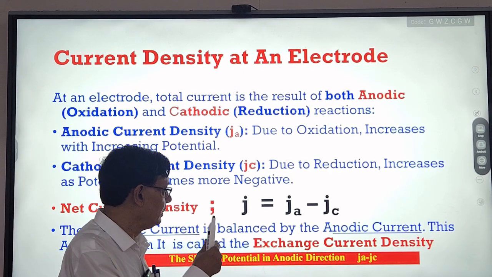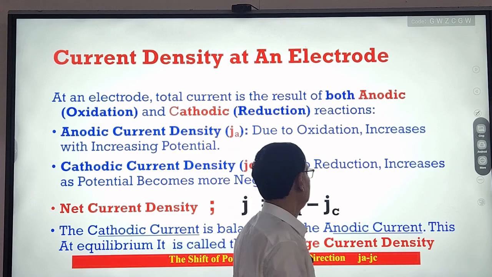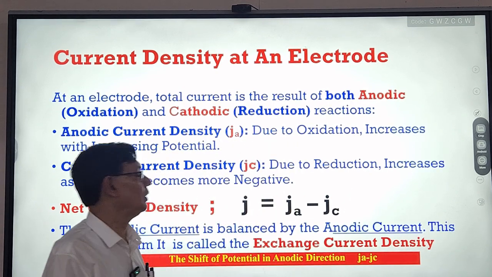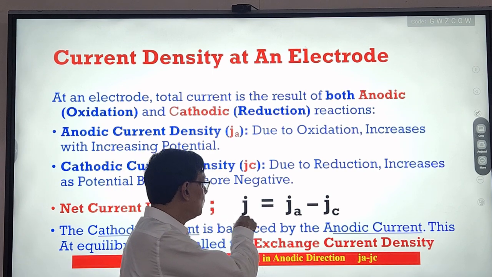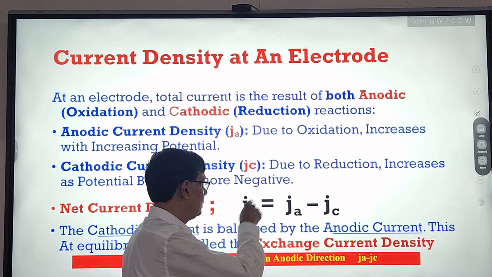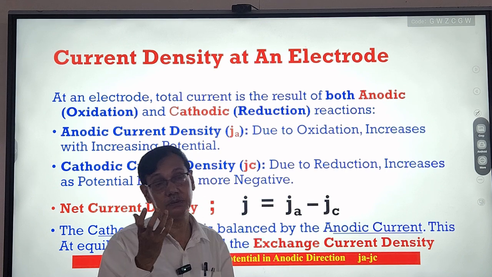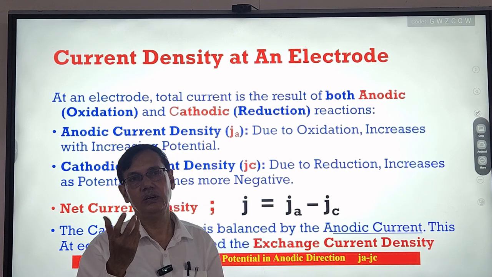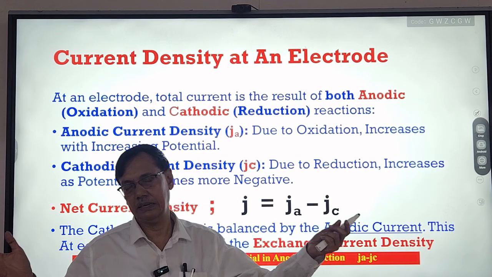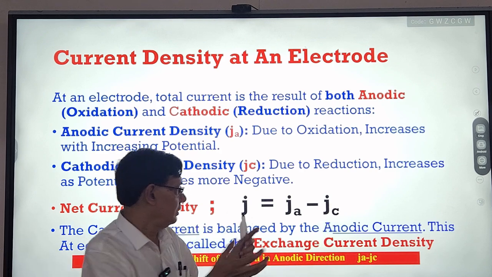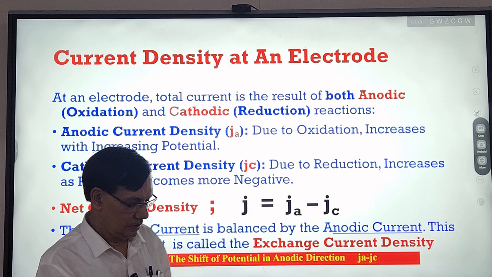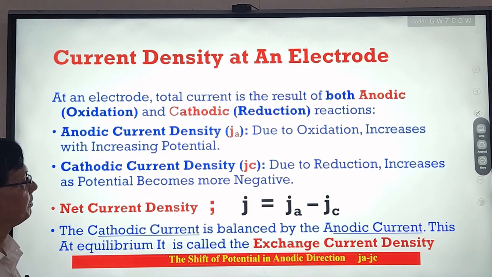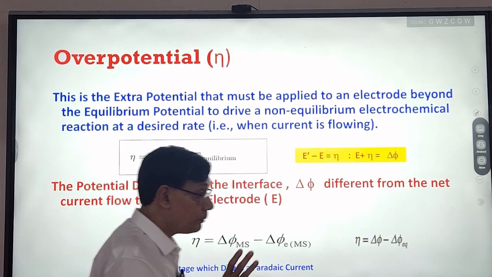So at that time we generally write, as you have already seen in our first equation, J is equal to J0. I will explain what the actual J0 is when we complete the whole derivation, and the value of JA and the value of JC. Is it clear? Now come to the second part, the overpotential.